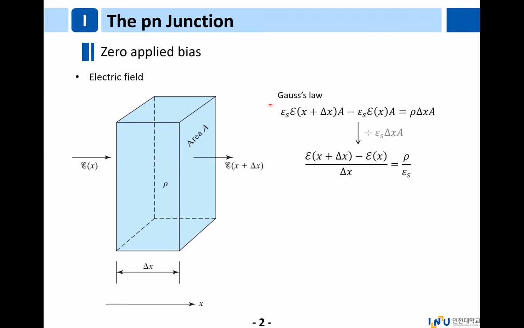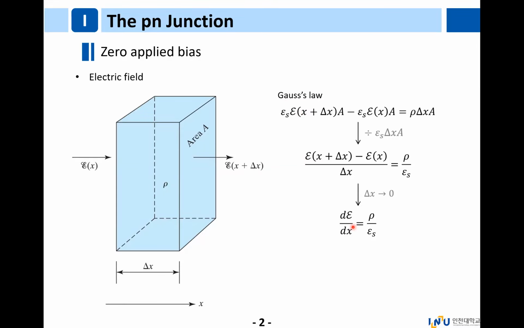So, applying Gauss' law to a volume, we obtain the following expression. Taking the limit as delta x approaches 0, we ultimately derive the following relationship from Gauss' law.